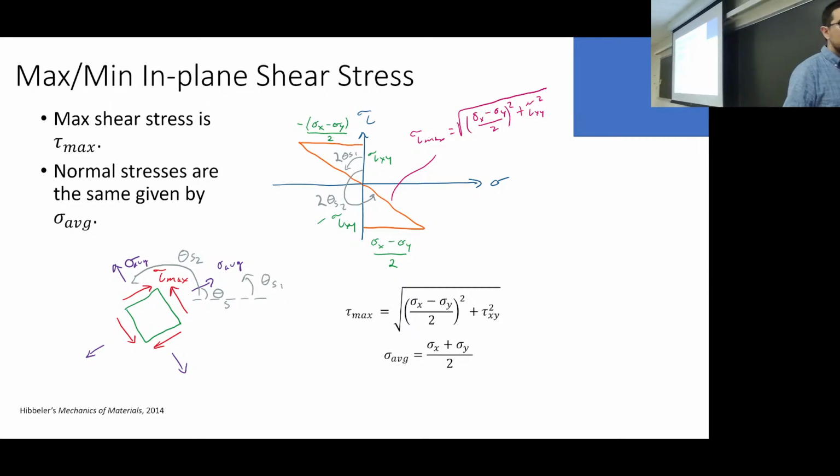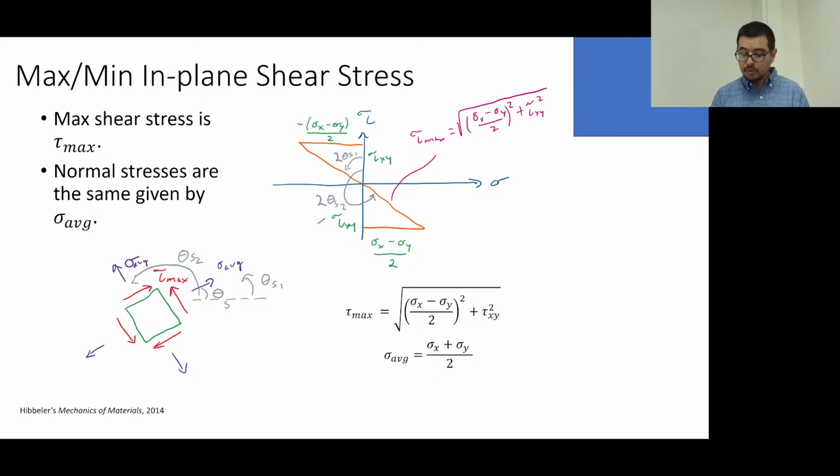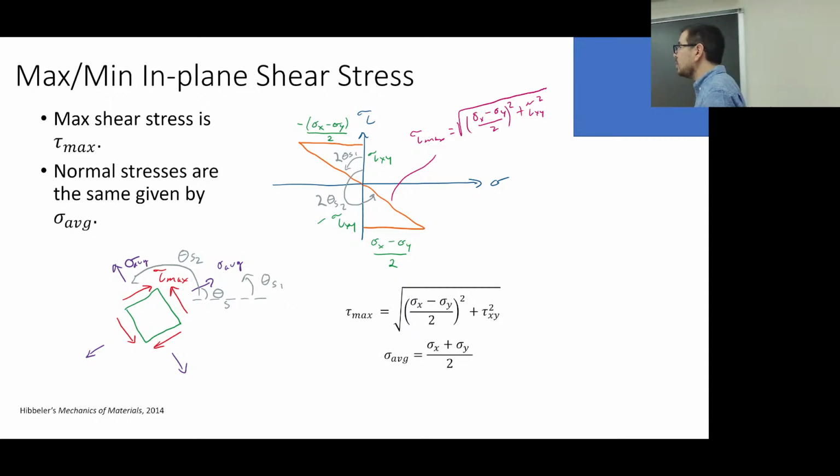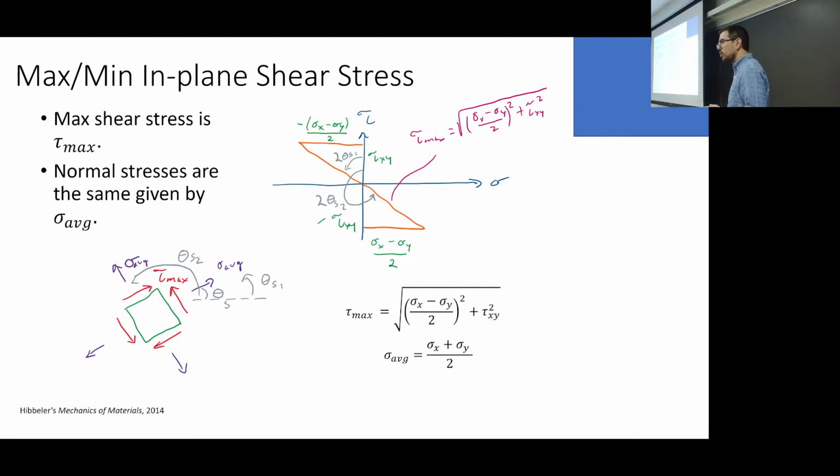Okay? But you can see here that if sigma x and sigma y are opposite of each other, this is foreshadowing, then you have maximum state of in-plane shear stress without any normal stresses, and that would correspond to pure shear, which is what you have in torsion.